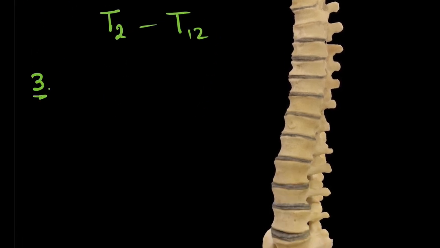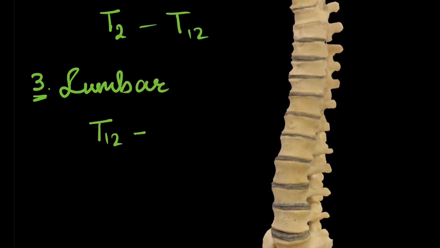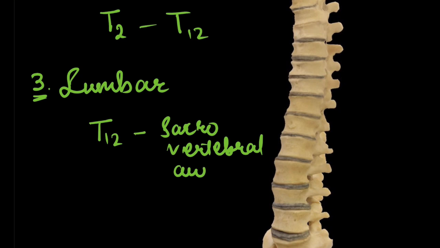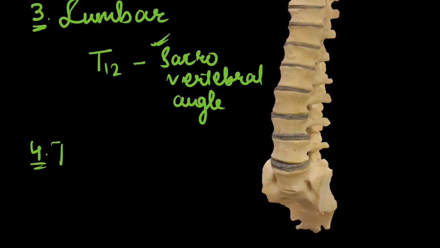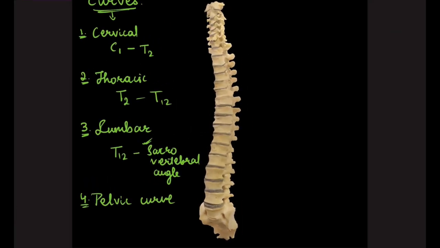Then third, the lumbar curve, which is from the 12th thoracic vertebra till the sacrovertebral angle. What it is, you'll come to know by the end of the complete vertebrae topic, that is sacrum and coccyx. Next, the last curve, the pelvic curve. Okay, so 4 curves: cervical, thoracic, lumbar and pelvic. Let me show you each.